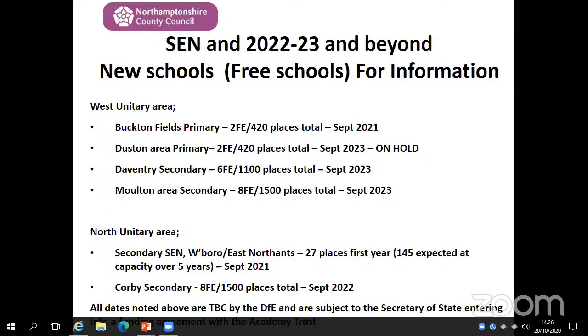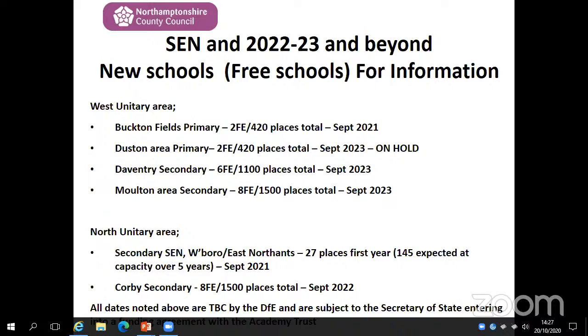And you can see we've got a number coming in forthcoming academic years, two of which I'd like to draw your attention to because they're particularly pertinent in terms of NTC and its successor unitary authorities meeting its statutory obligation to provide a sufficiency of school places, and those are the secondary schools that are due to open.